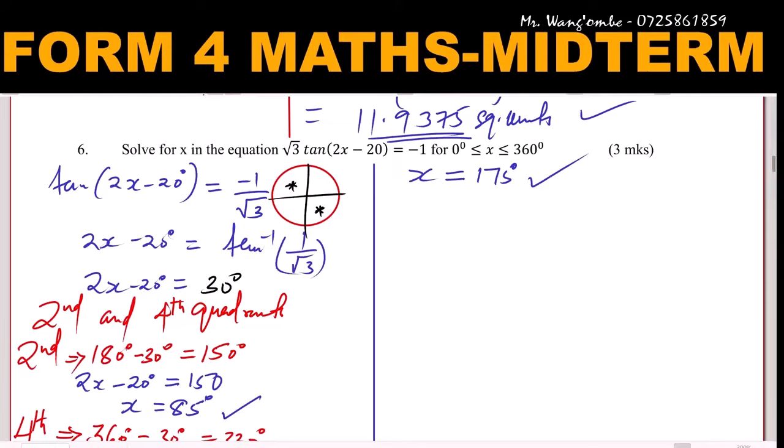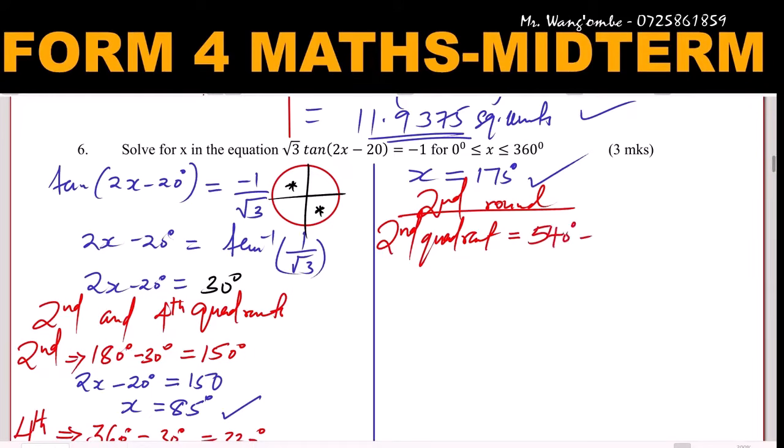So now the second round, second quadrant. The angle, we are going to get it by, remember in the second round, the second quadrant will be 540 subtract 30 degrees, so the angle there will be 510 degrees.